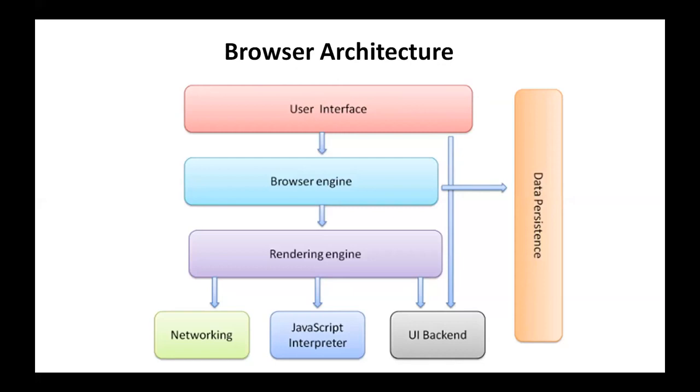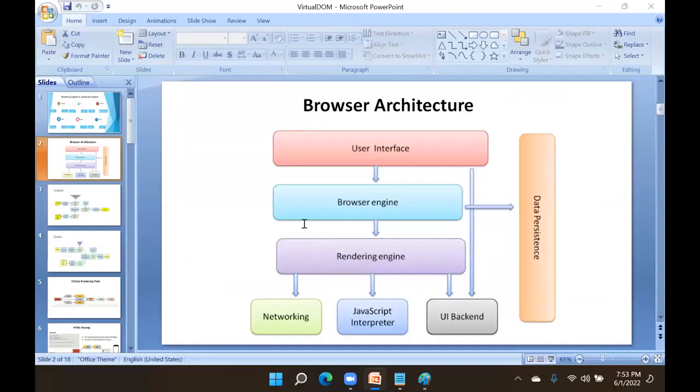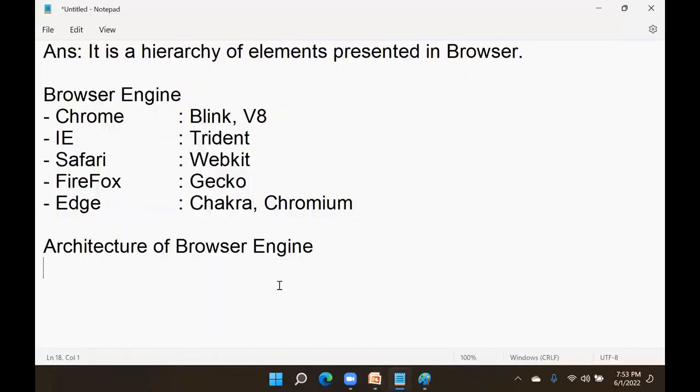The browser has a lot of things. We will discuss everything one by one, going into detail. Now you need to understand that the browser architecture consists of the UI, which is the user interface. It contains a browser engine, the key part.